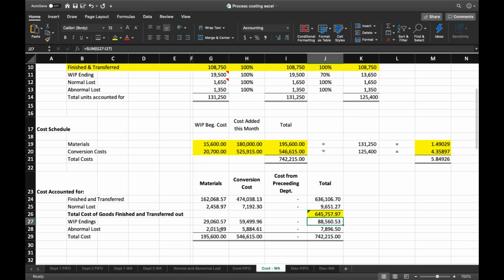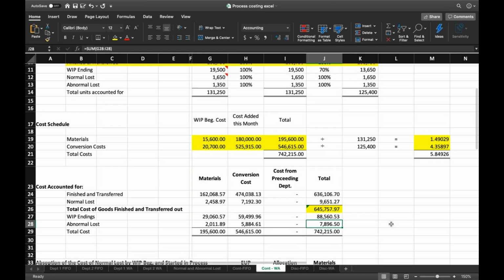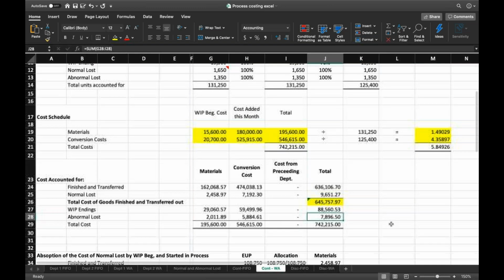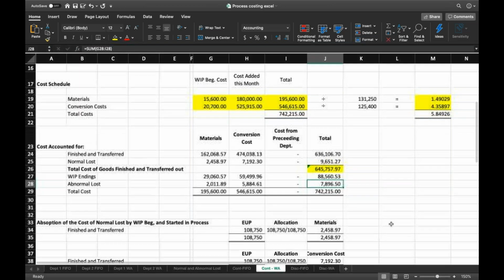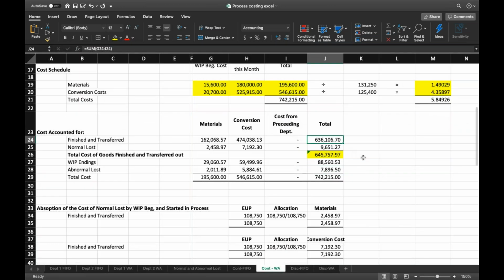For the abnormal loss, that's 1,350 times 1.49, 2,000. Conversion cost, that is 1,350 times 4.35, 5,847.